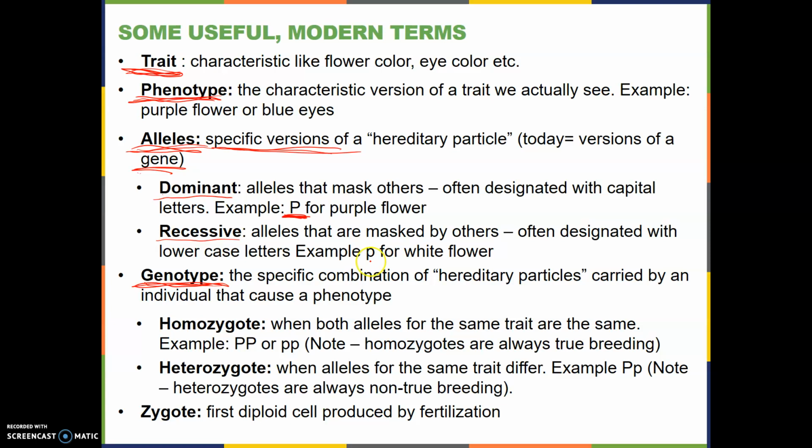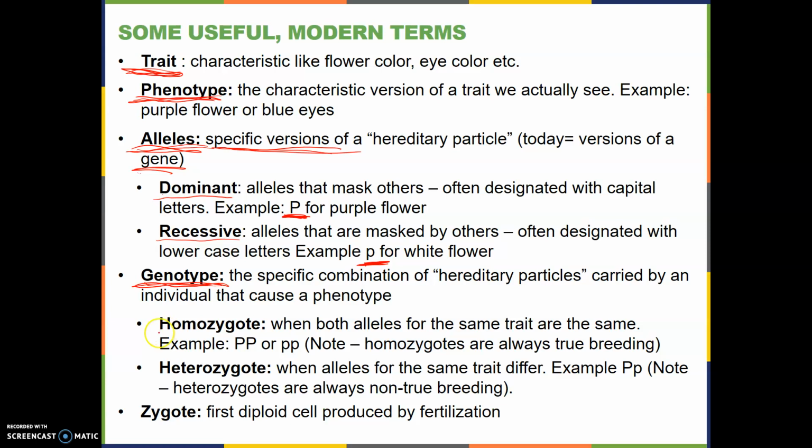And then a lowercase p for white flowers, because lowercase letters are for recessive traits. Now, when we talk about the genotype, that's the individual genes. The phenotype is the version of the trait that the individual actually has, actually expresses. That's what we actually see. The genotype are the genes or the alleles that the individual carries.